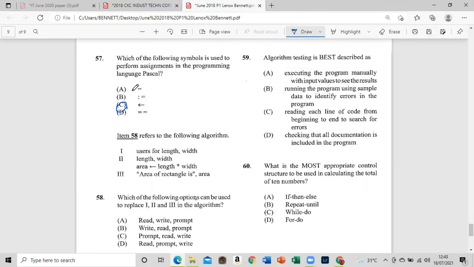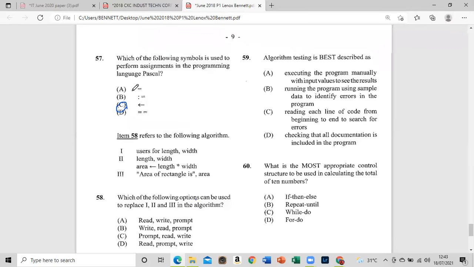Guys, if I know the answer for 57, I will put it in the comment section. I'm not sure if that's the correct answer. I don't want to feed you guys wrong information, all right? So let me leave this one and put it in the comment section.